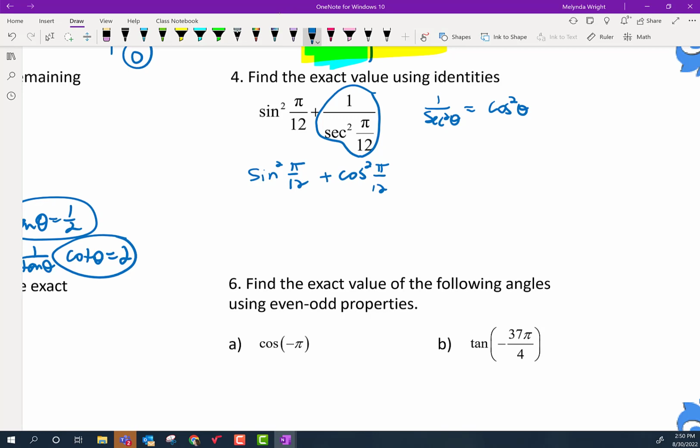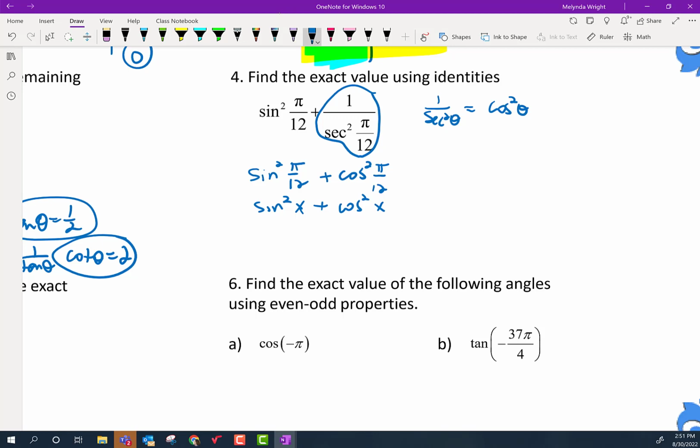Now, let's think about that. I've got sine squared pi over 12 plus cosine squared pi over 12. Does that ring any bells from what we just looked at? It does, doesn't it? What about sine squared x plus cosine squared x? It's 1, right? Now this would not work if pi over 12 was not identical in both of them.